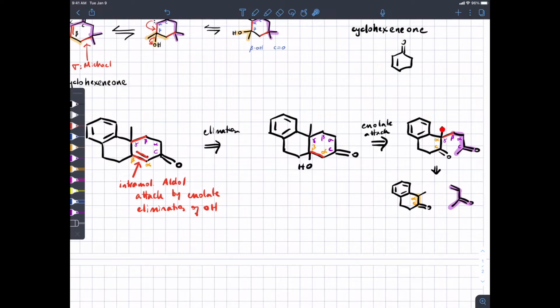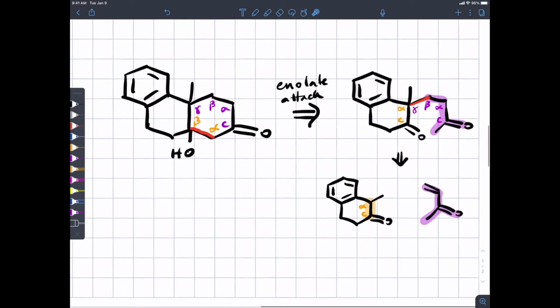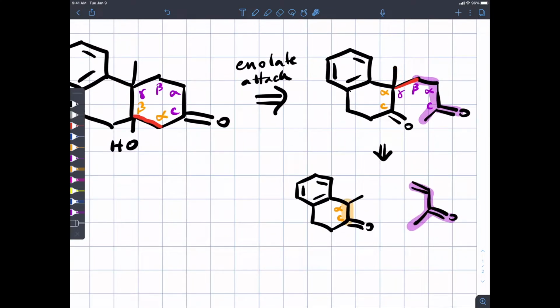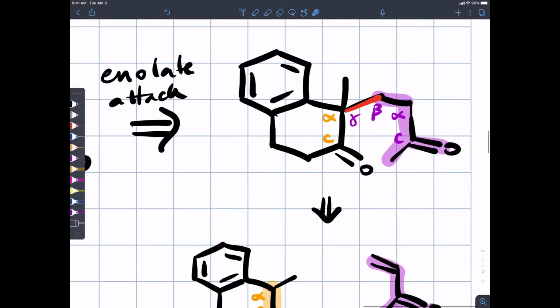This methyl group? Yeah. Okay. The reason you know it ends up here is because the bond that you're making is between this purple gamma and purple beta, which means everything on this side was part of the thing that did the attacking, and everything on this side was the thing that got attacked.